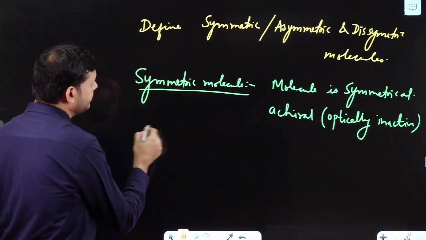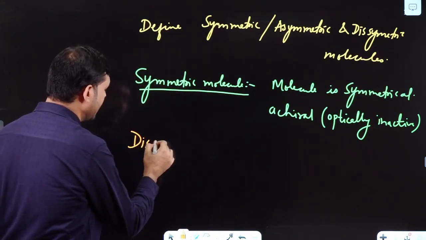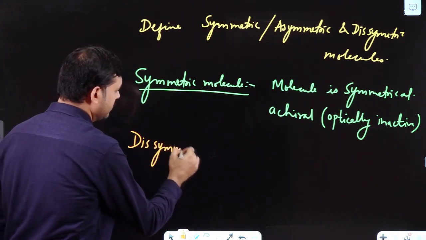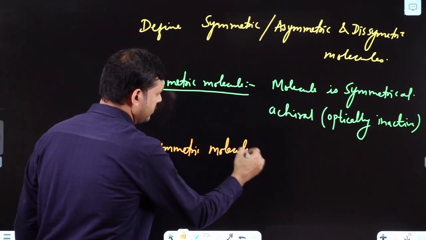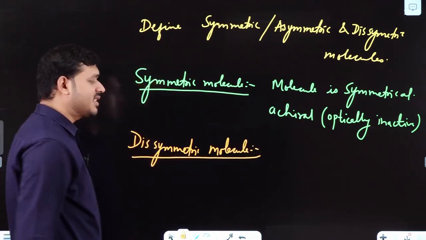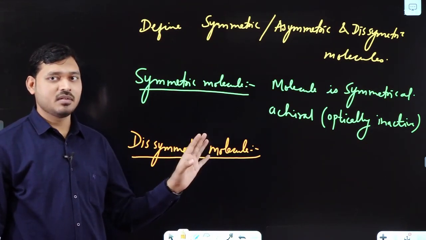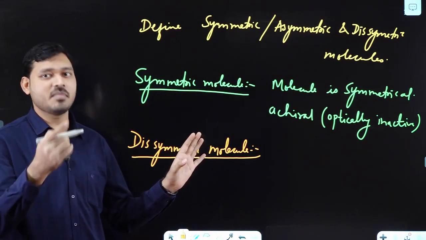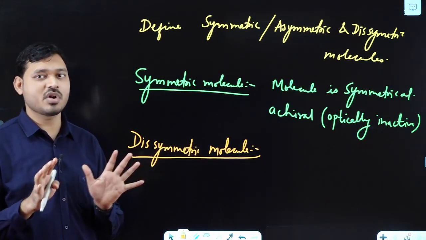Next term is dissymmetric. Dissymmetric molecule is simply a molecule which is chiral, means unsymmetrical, which does not have POS or COS or AAOS.